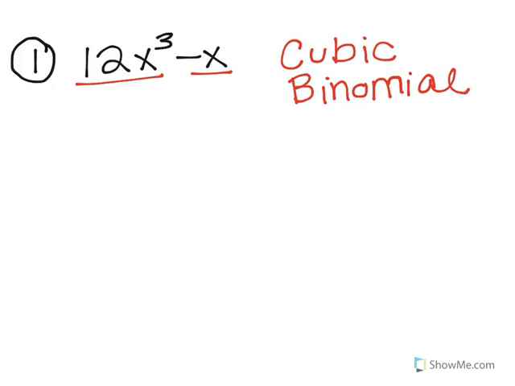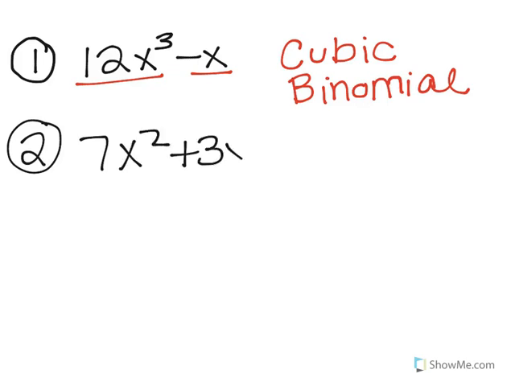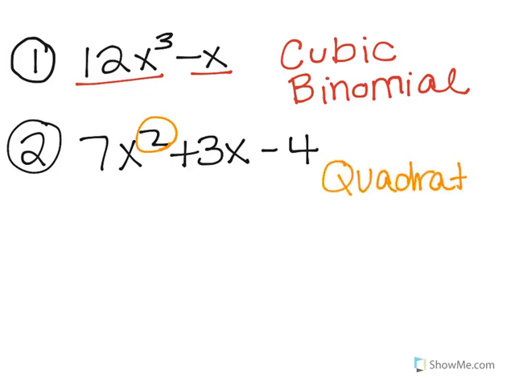All right. Number 2. 7x squared plus 3x minus 4. All right, my highest degree is 2, meaning it's quadratic. How many terms? 1, 2, 3. 3, so it's called a trinomial.